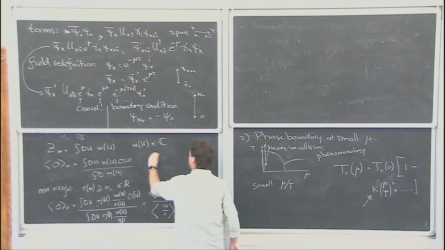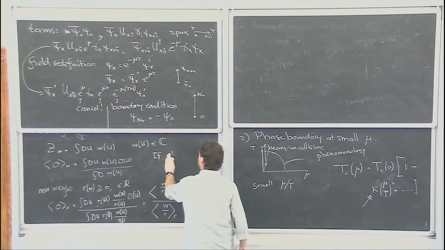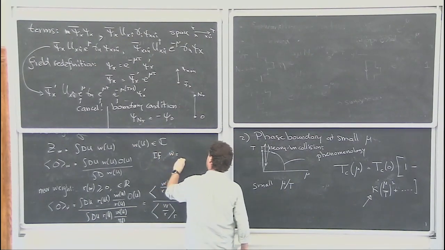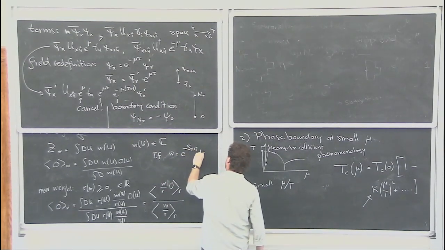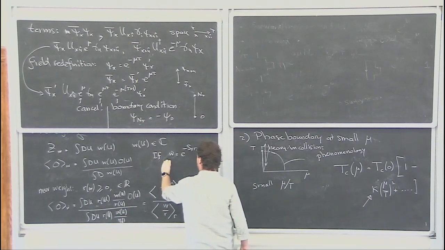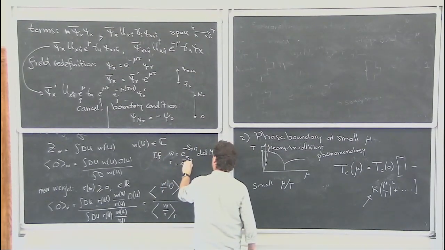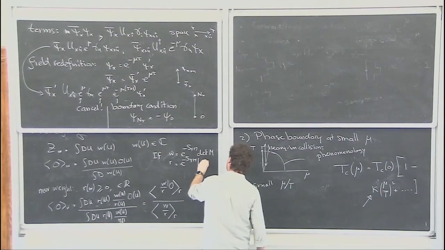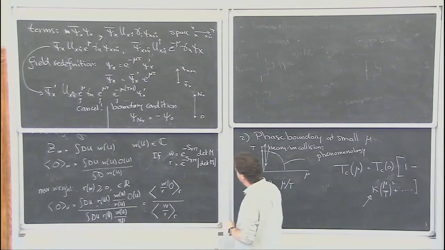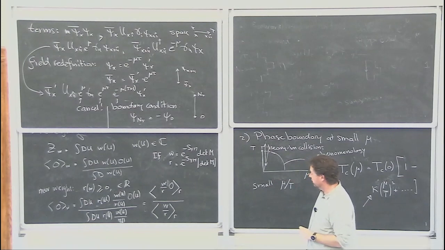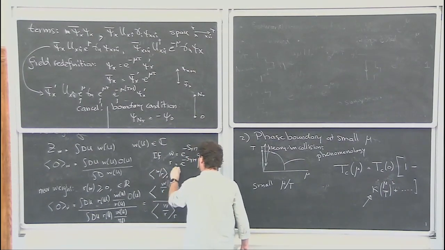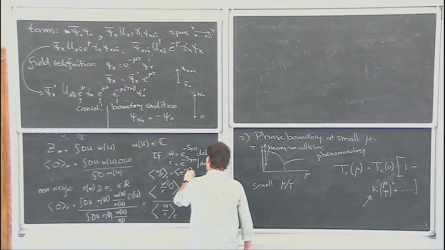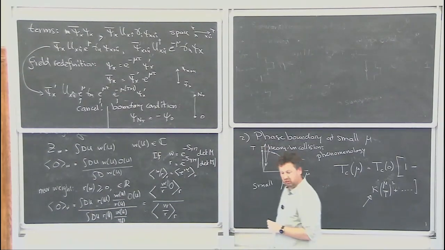So if W is the Yang-Mills action times the determinant, and R is the Yang-Mills action times the absolute value of the determinant, then we are back in exactly the original combination, because then the expectation value of W over R is exactly the expectation value of the phase of the determinant in the phase quenched theory. So it's exactly like this.